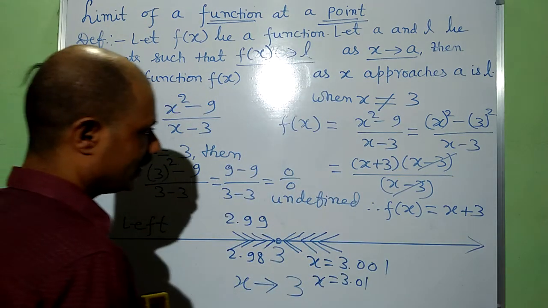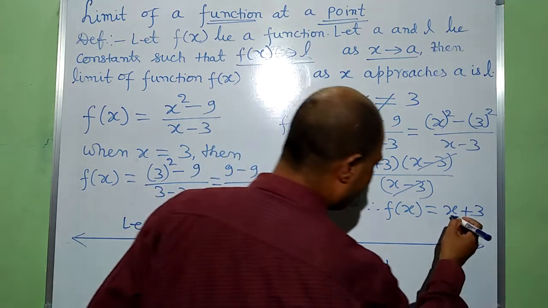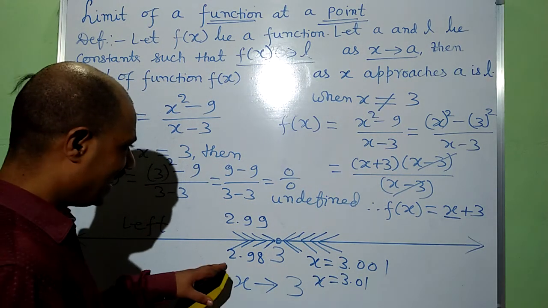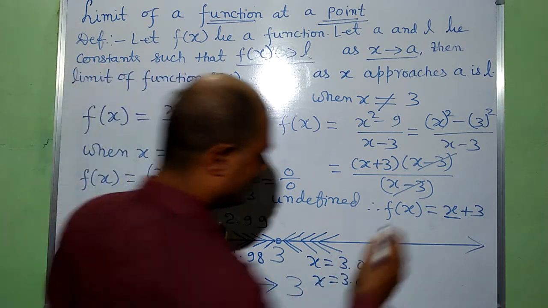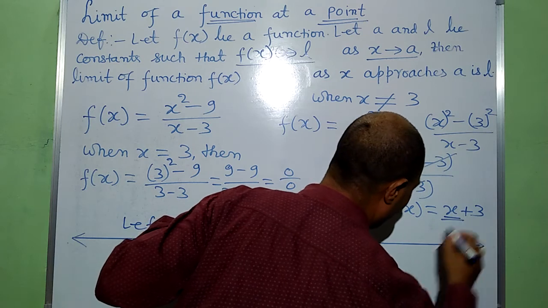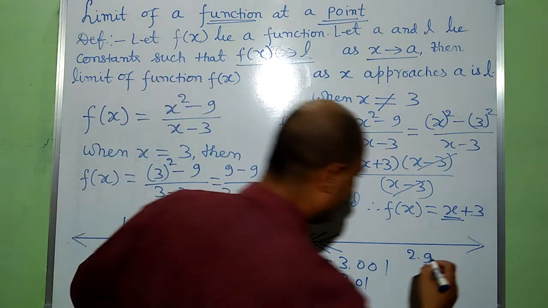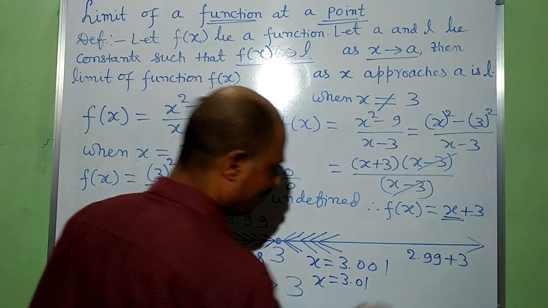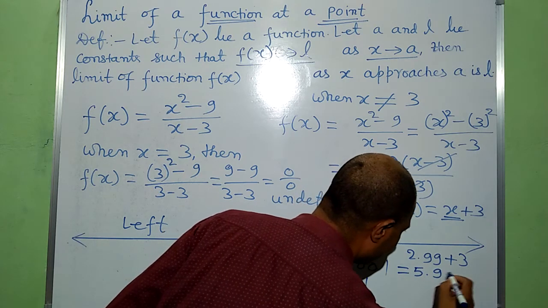Now, when we substitute a value of x slightly less than 3, that is 2.99, plus 3, when we add it, we get 5.99.